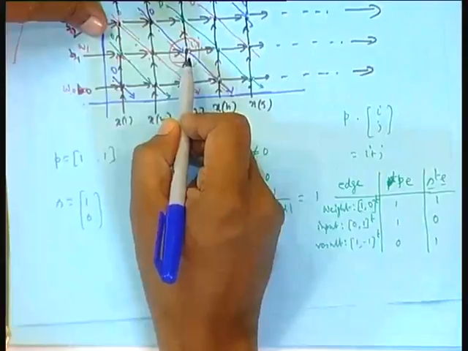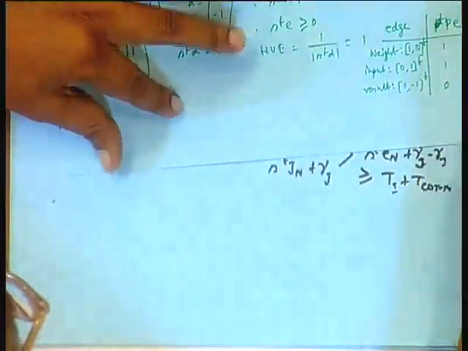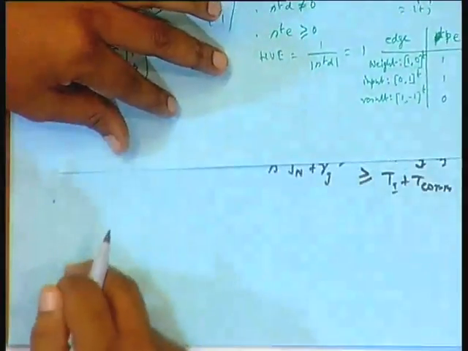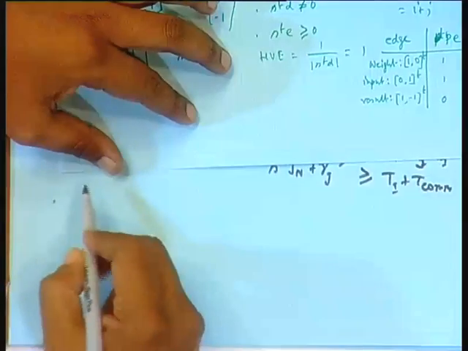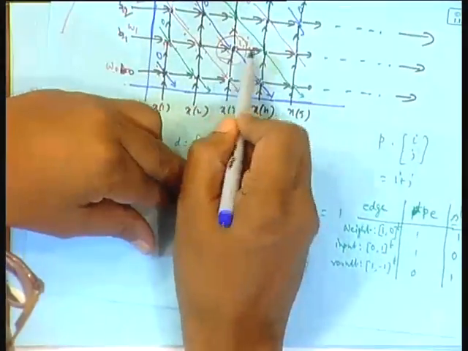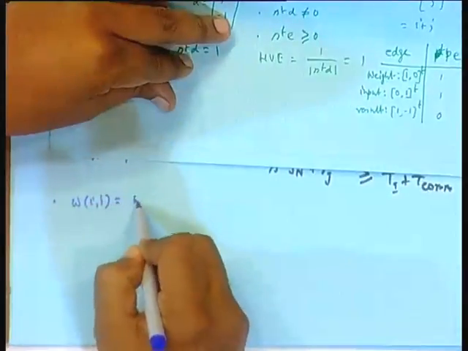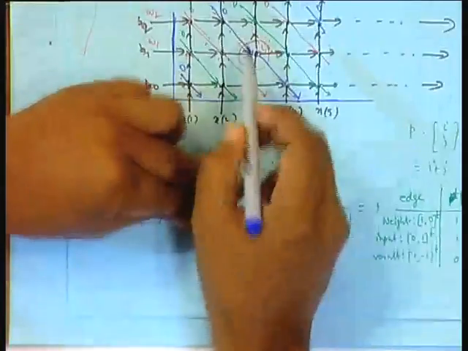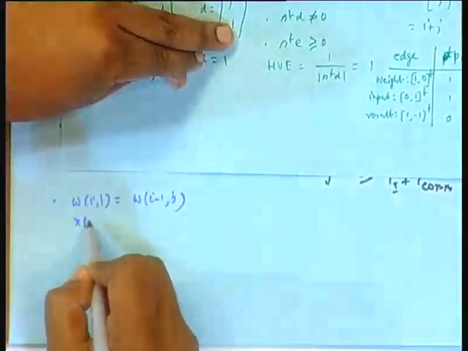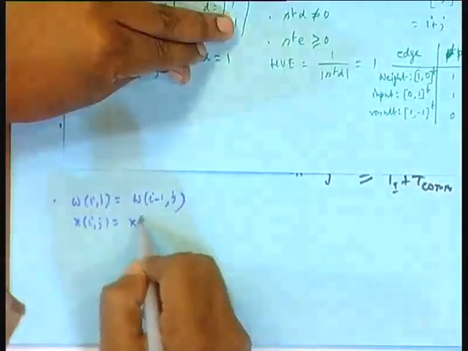So, what is RIA? For that DG only, we said that if you consider I comma j, these are locations. Then the RIA form will be, left hand side in terms of the output and right hand side the input. So W of i comma j is W of i minus 1 comma j, where j remains the same. Similarly, x of i comma j is x of i comma j minus 1, where i remains as it is.